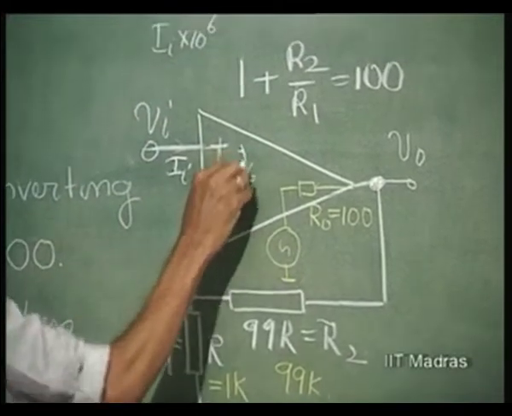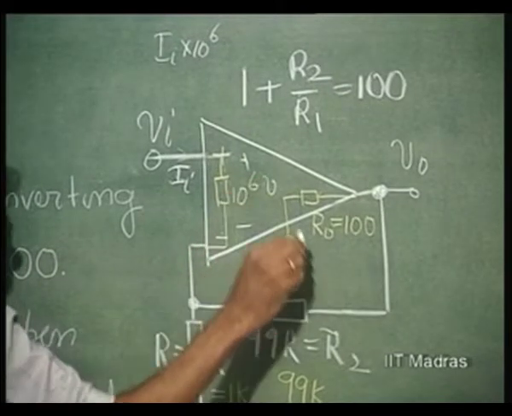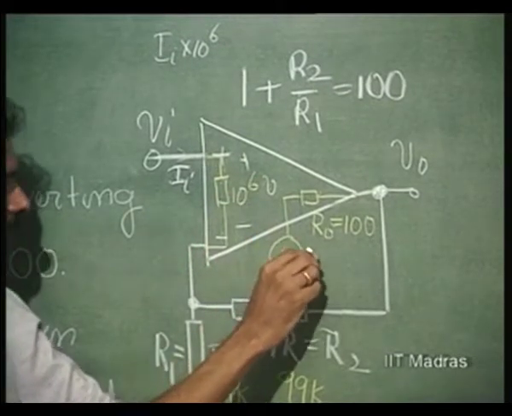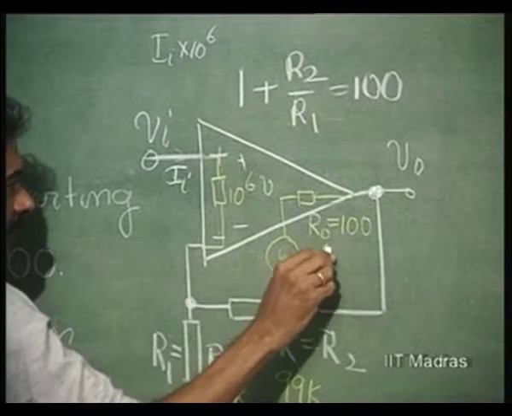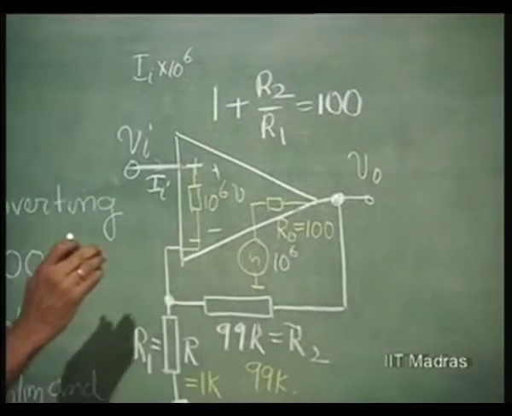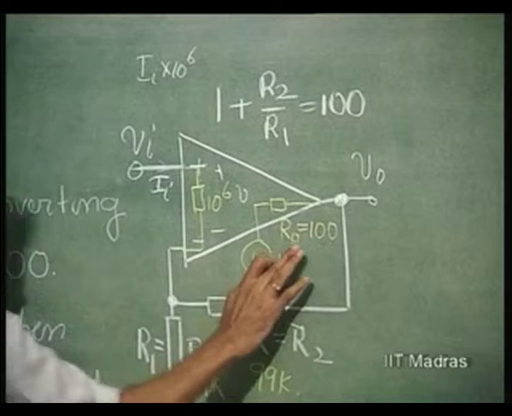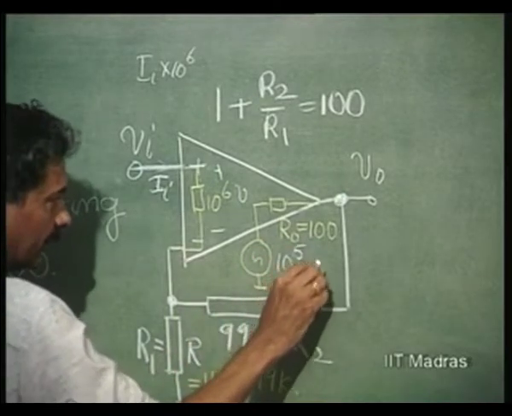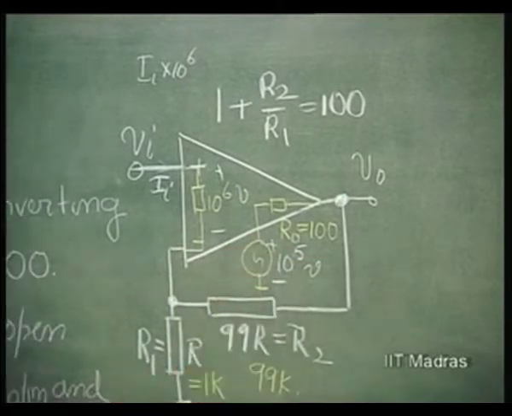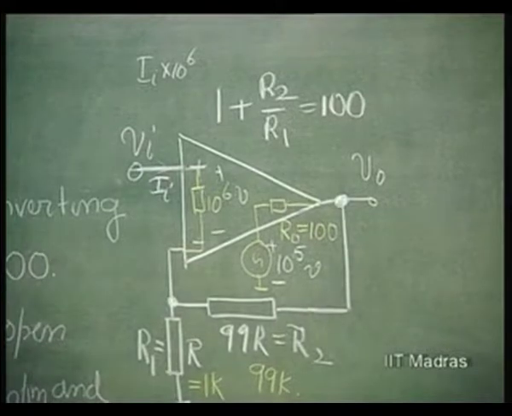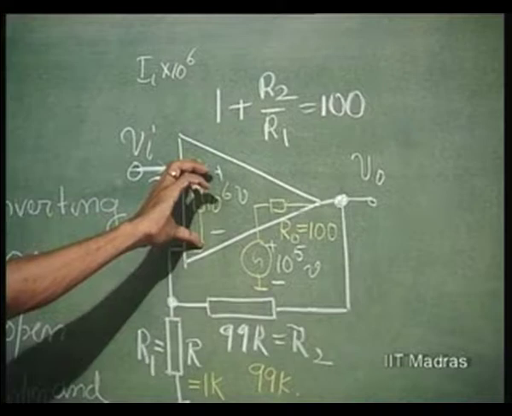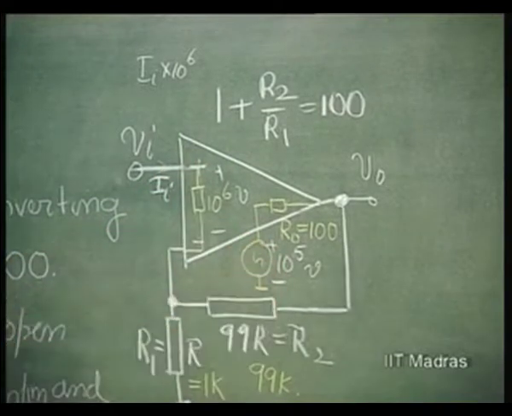So this voltage V is going to be multiplied by the op amp gain, 10 to the power 5 times V. So you can see that I into 10 to the power 6 is this voltage V. That into 10 to the power 5 is the gain.